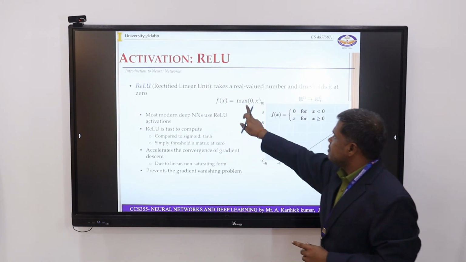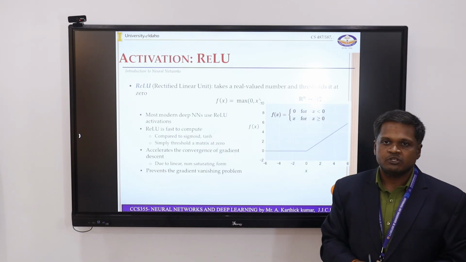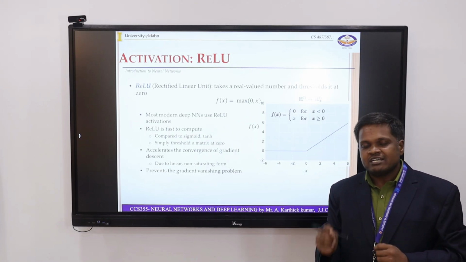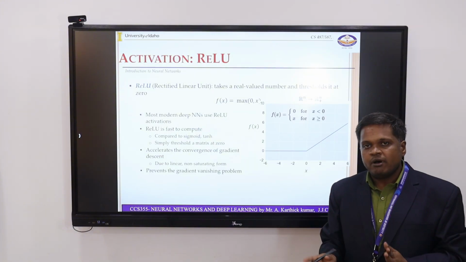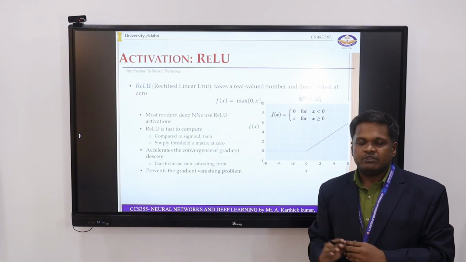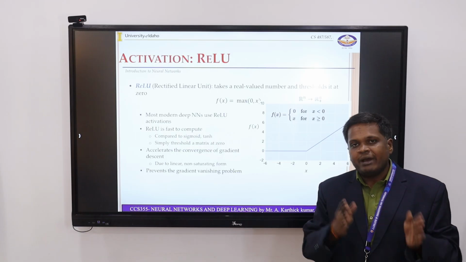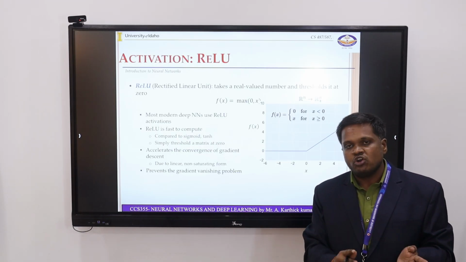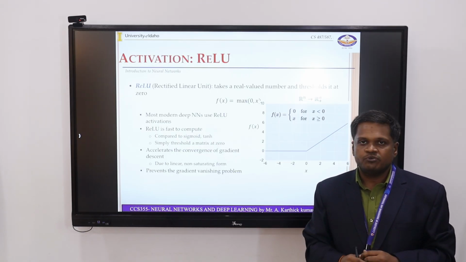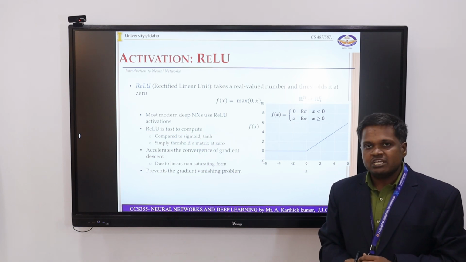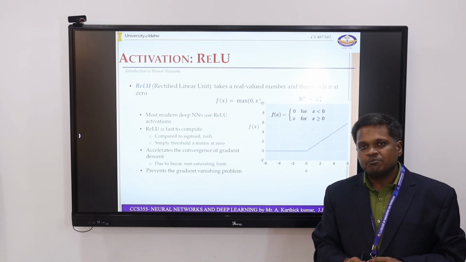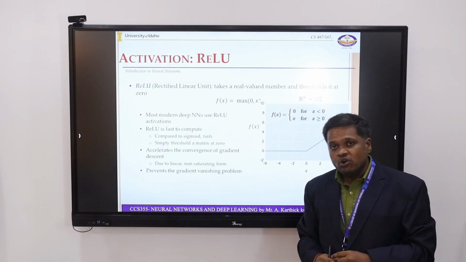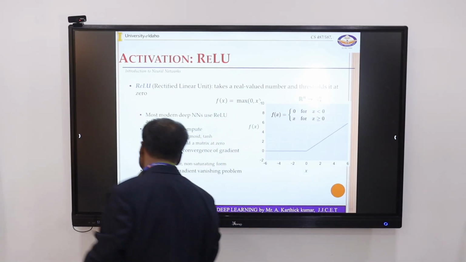The formula is the maximum of 0 and x. If we give 5 as a neuron value, the maximum of 0 and 5 is 5. If we give a negative value, minus 3, the maximum of 0 and minus 3 will be 0. That's why, to reduce the vanishing gradient problem, we use the ReLU activation function.